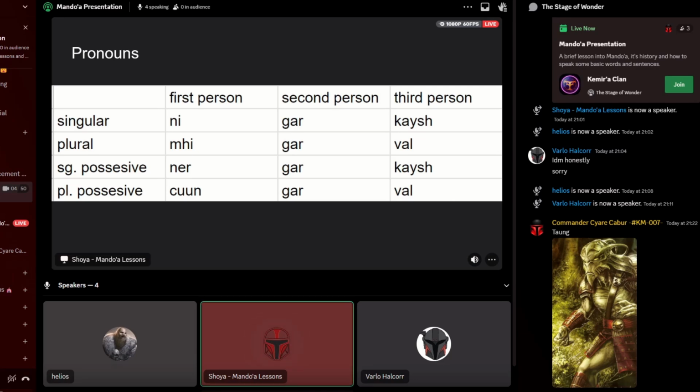And that is the same in possessive. So instead of saying he or she, you say his or hers is Keish, and the way you would tell the difference is by context mostly. And Val is as well as theirs and their.